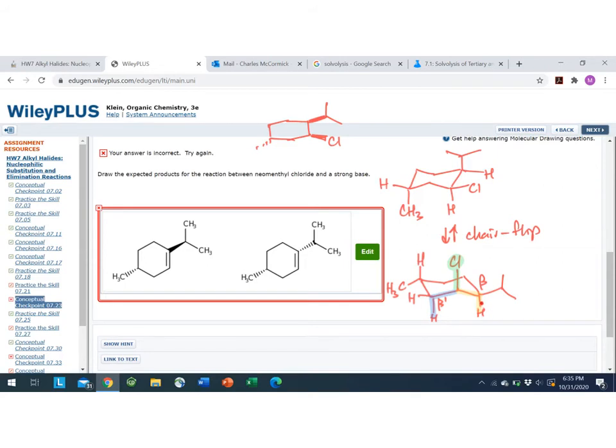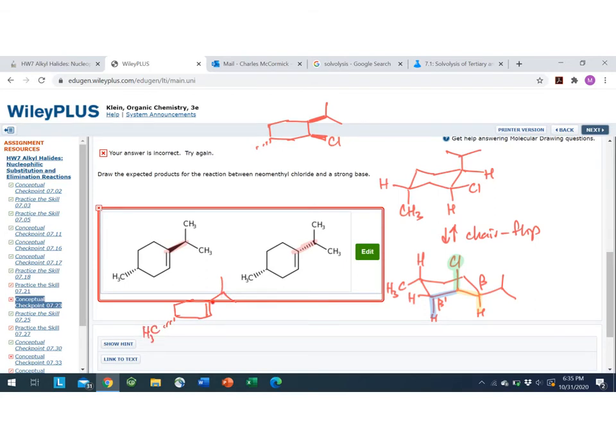So one issue in your answer is that you've drawn one of them where you've eliminated this H because the alkene's going next to the isopropyl, which you have. But when you're at an sp2 hybridized carbon, you typically do not show wedge or dash. So the better way of drawing that one is the following.